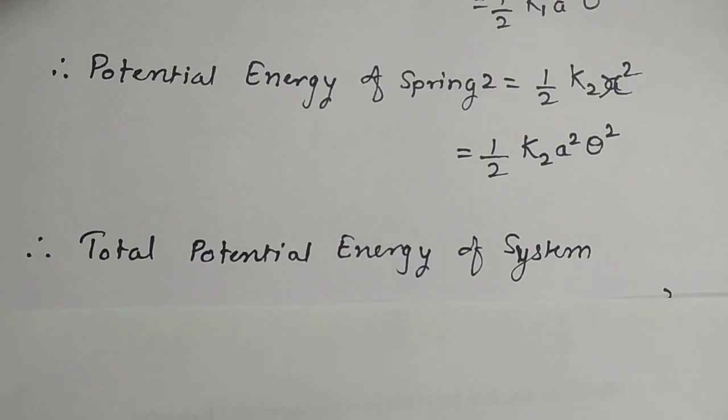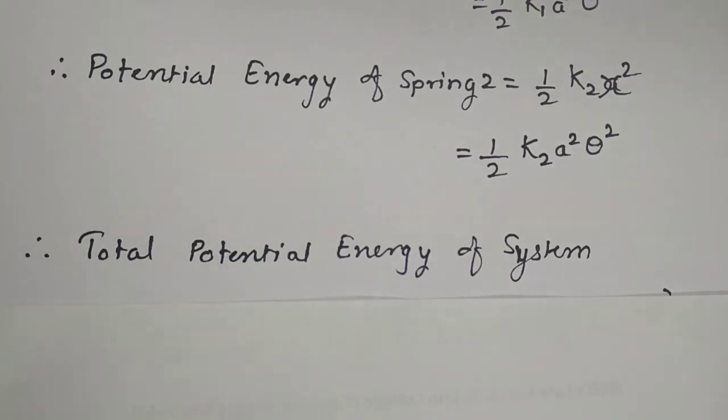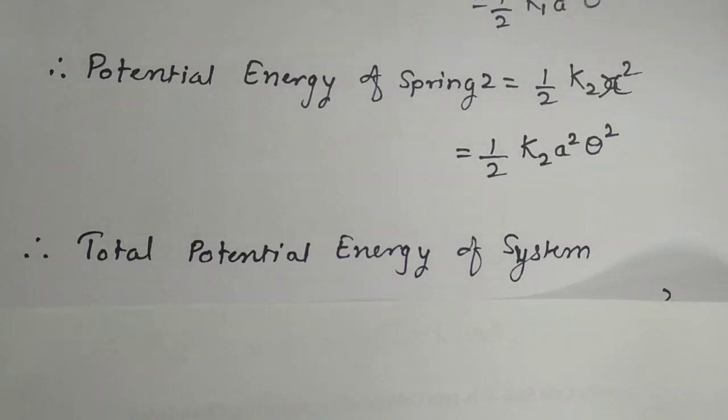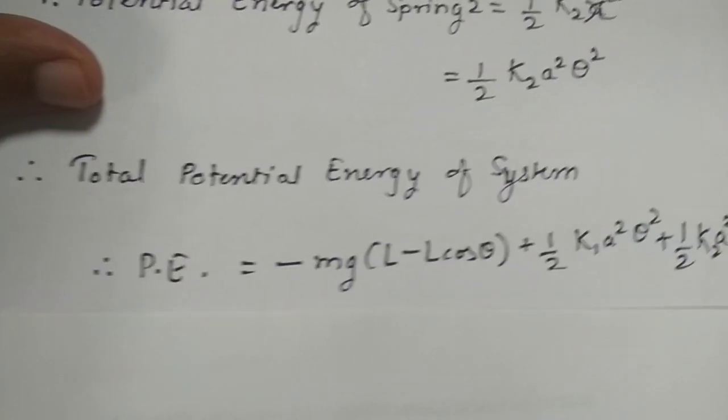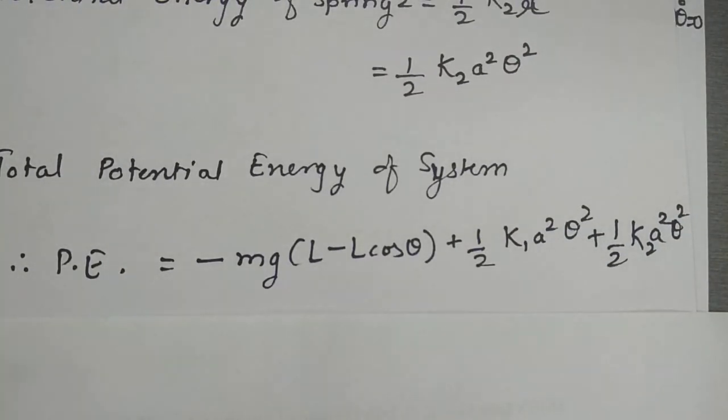Then the total potential energy will be the summation of the above potential energies: the potential energy of the mass, which is negative mg(L minus L cos theta), plus half K1 a square theta square, and similarly for spring 2. This is the total potential energy of the system.